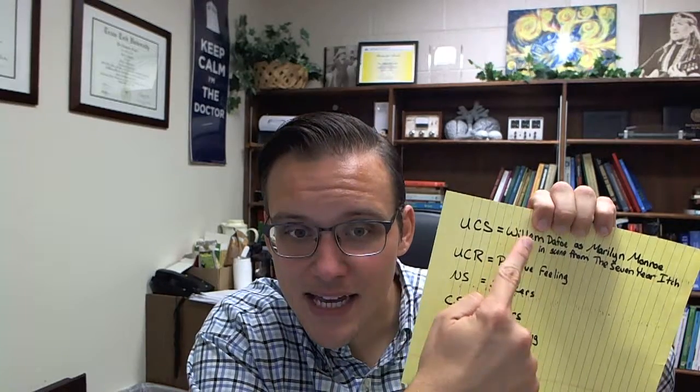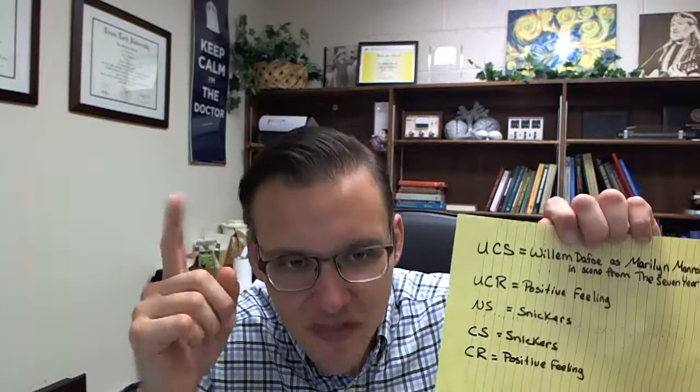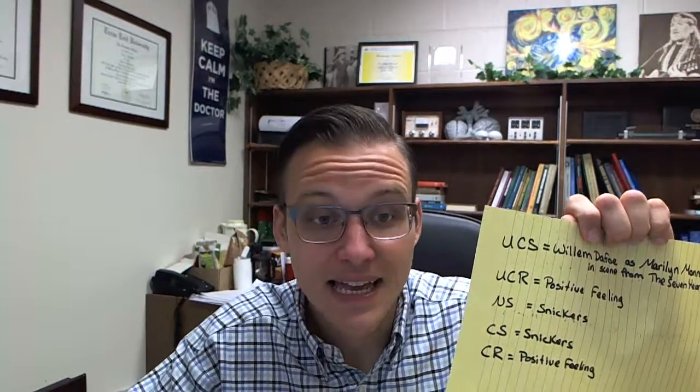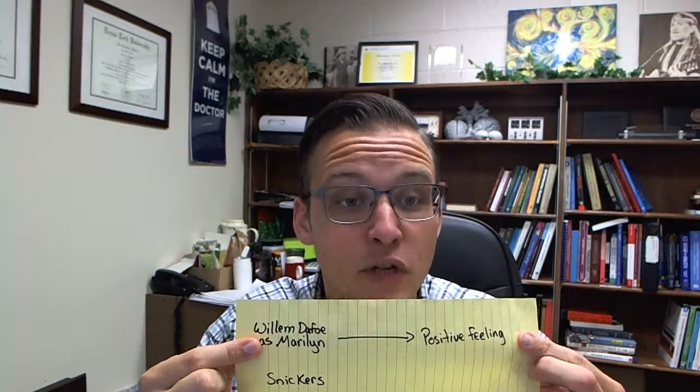So already we know that the unconditioned stimulus is William Dafoe as Marilyn Monroe. Okay? And because we know that that makes you smile, that makes you laugh, that makes you feel good, we know that that good feeling is the unconditioned response. So automatically we know seeing William Dafoe as Marilyn Monroe makes you feel good.